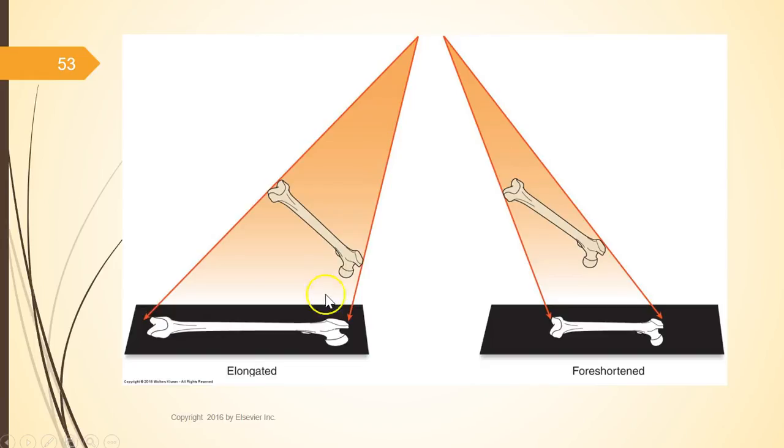And so if that's caudal, which it should be because that's the top of the femur, no, I'm sorry, this is cephalad, so we're going up because there's the top of the femur, there's the head over here, then we've elongated that body part. But if we angle this way and the way it's coming, we're now angling caudally, now we have shortened it or foreshortened. So just know in one direction it elongates it and the other it foreshortens it.